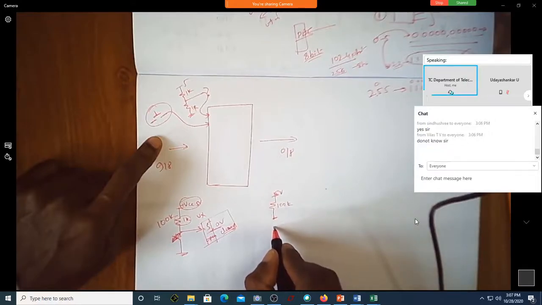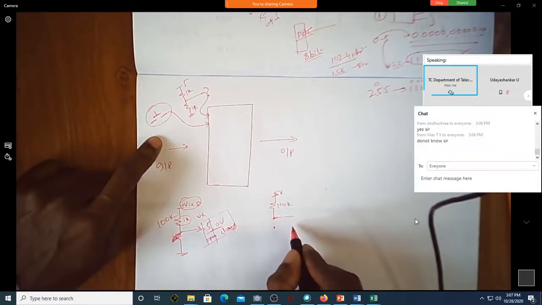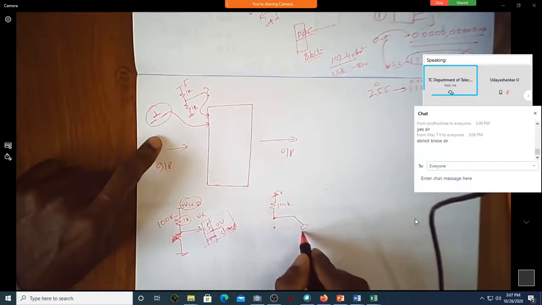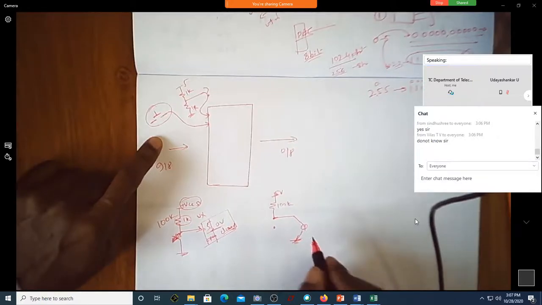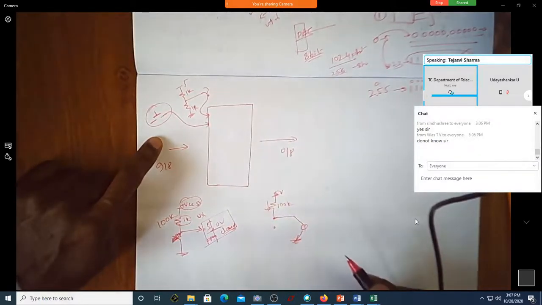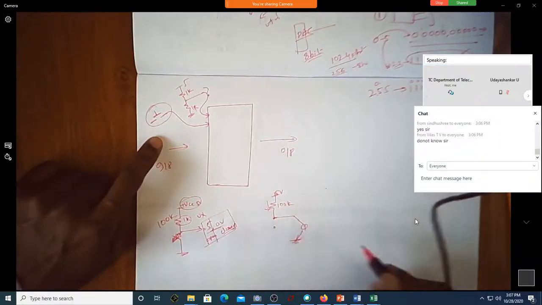This is open. I want to measure using a multimeter. What is this voltage? Again, when I am measuring, it is with respect to ground. Correct? What is the drop here? How much is the current that is flowing?